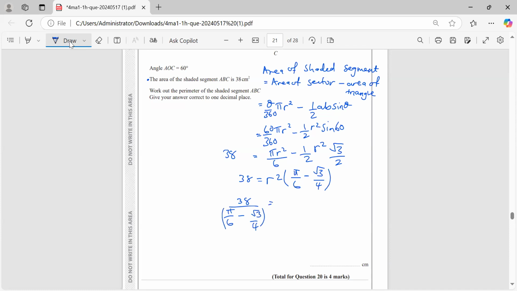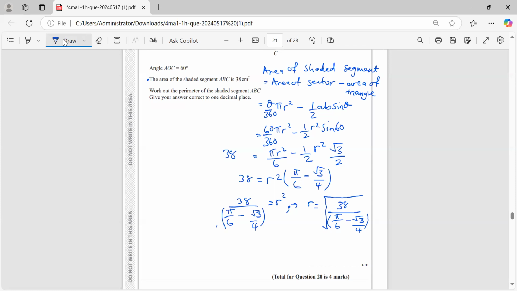But we want the value of R, not R squared, so we have to find the square root of that whole thing: the square root of 38 all over pi over 6 minus root 3 over 4. This is going to give us the value of R.